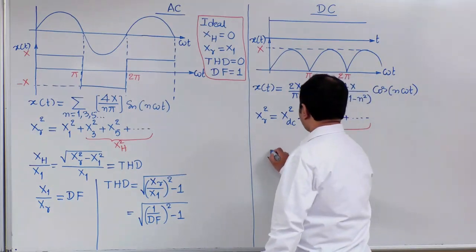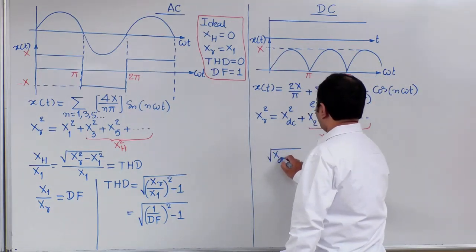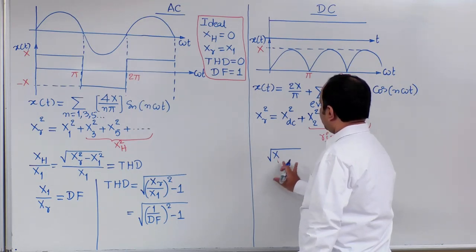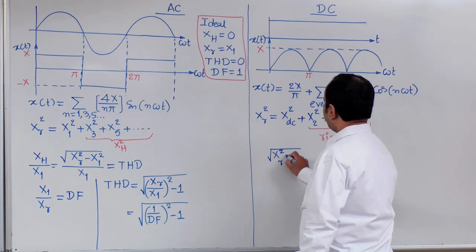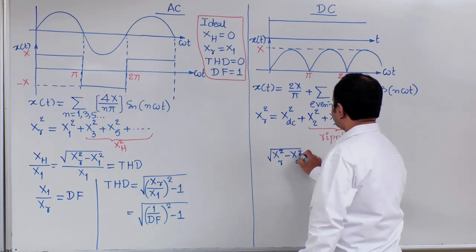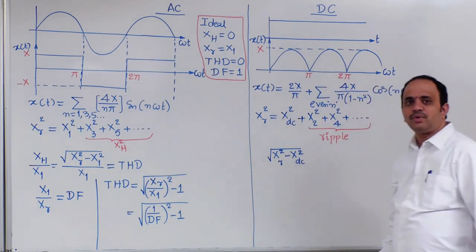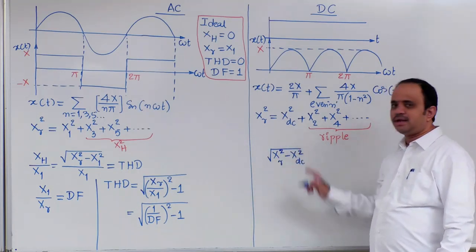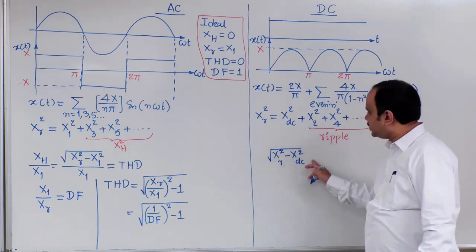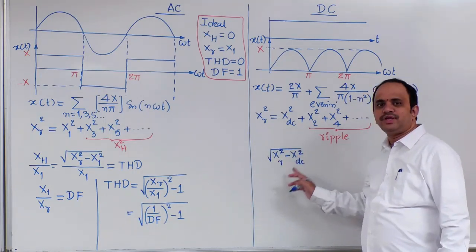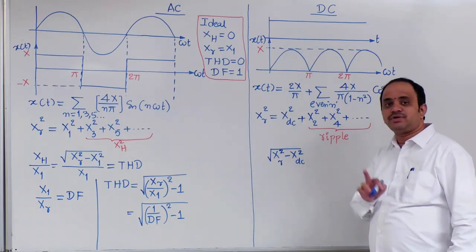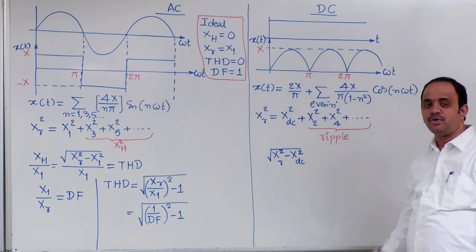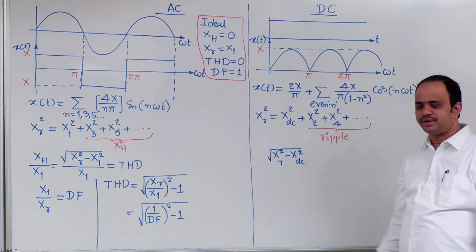So we can write RMS value of ripple component is equal to under root xr square minus xdc square, RMS value of the overall function square minus average value square, total under root. This particular value is called RMS value of the ripple component. There is one question in TYC 1.1, you have to use this formula to solve that problem. Hope you understand what problem I am referring.